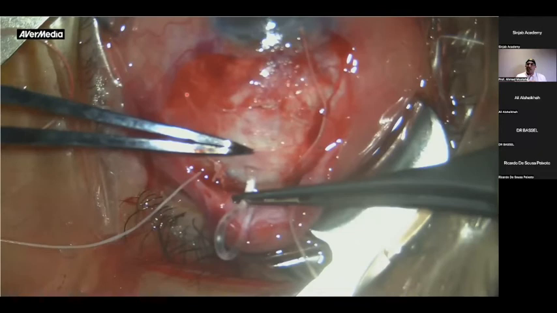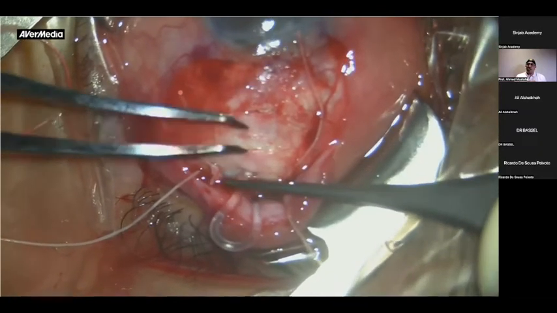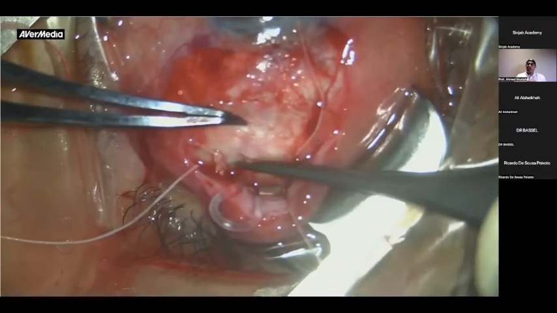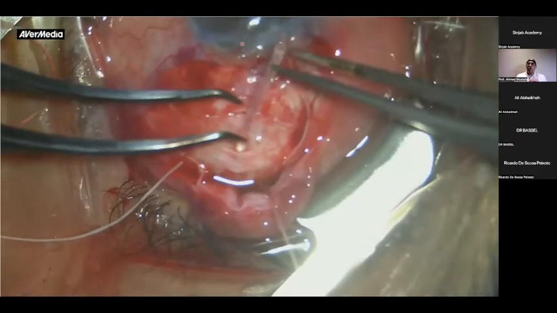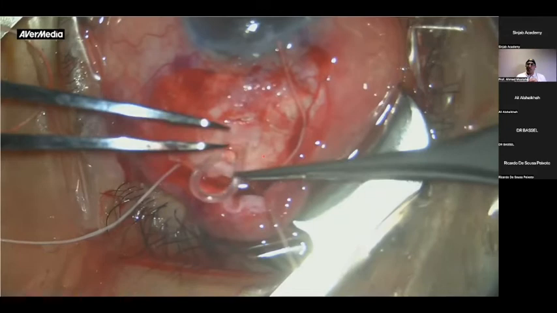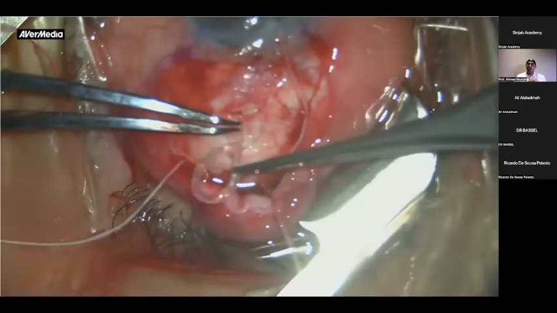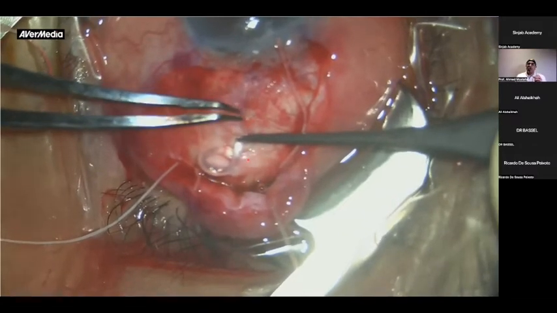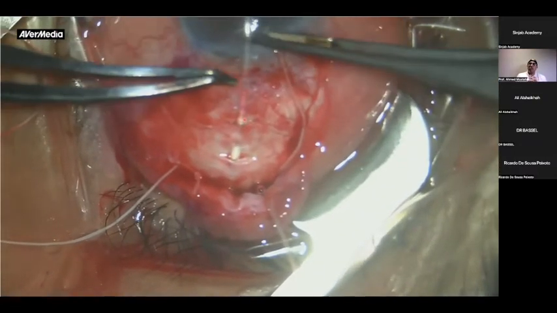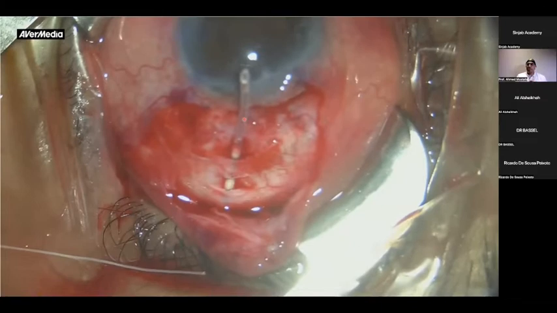First of all, making the tunnels, it's not difficult to have the tube passing under the tunnels, but you need to hold the tube almost from the tip, so that you don't make it long. When you hold the tube long, usually the manipulation is not easy, as you see, but when you hold it near the tip, it's usually much easier to handle.